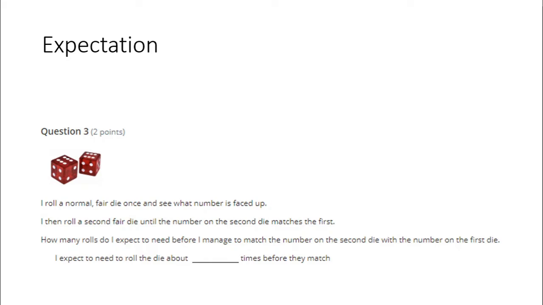So how many rolls do I expect to need before I manage to match the number on the second die with the first die? Now it does not matter what number I rolled on the first die, but on the second die, I have 6 possible outcomes, and one of those outcomes will match the first die.